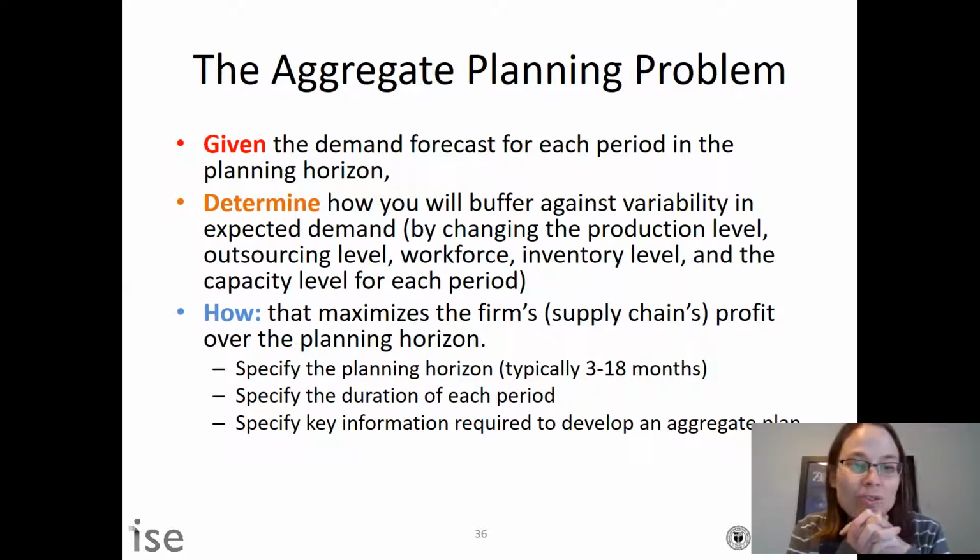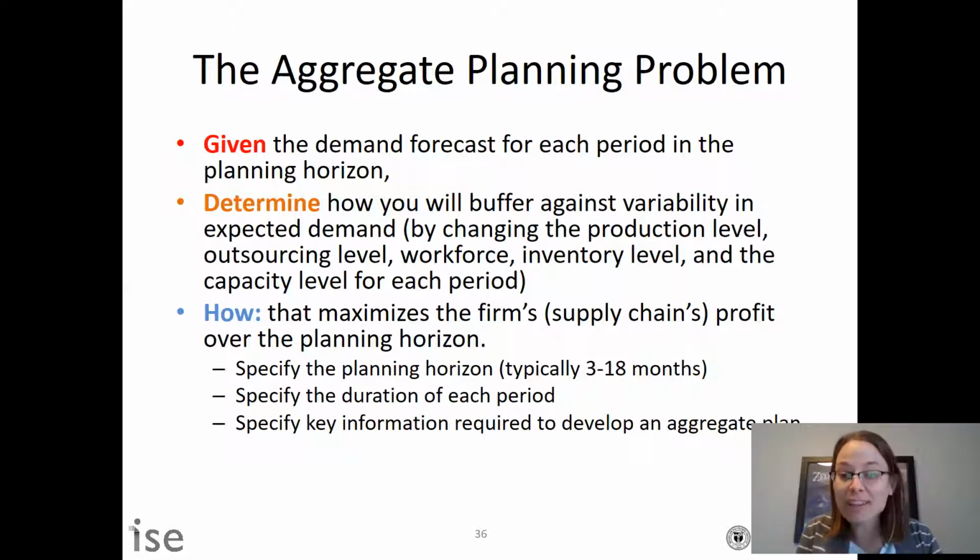The answer to whether I should change my production, meaning hiring and firing people or using overtime, versus building up inventory versus outsourcing, really depends on the types of input data you have in your model. So you should be able to understand what an aggregate planning problem is.